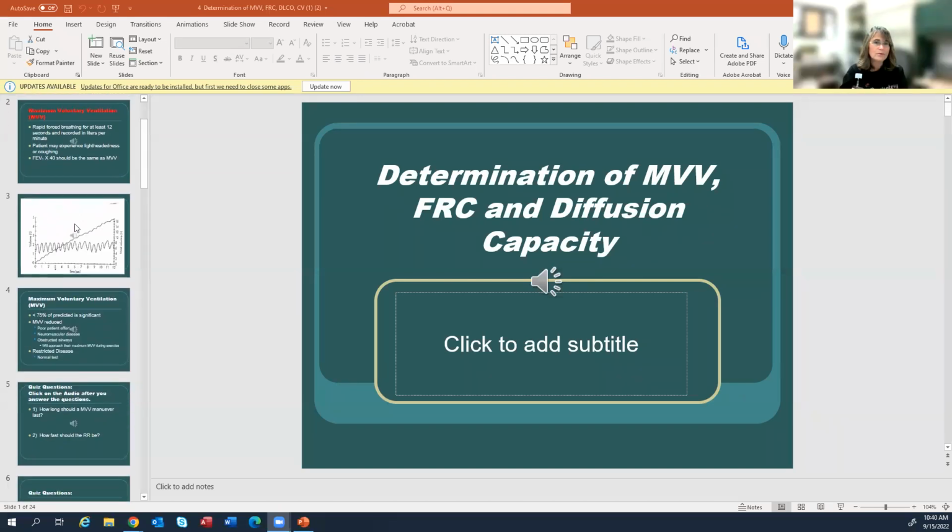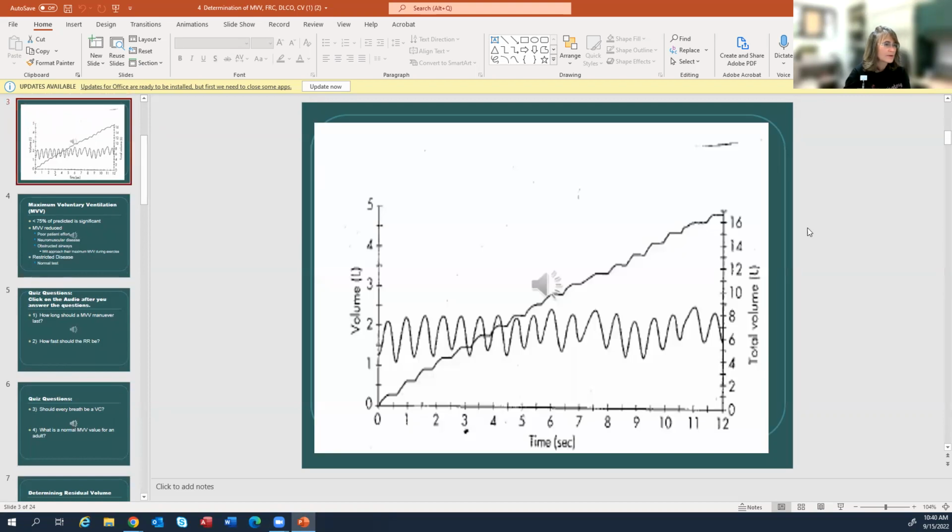All right, so going through the lecture, when talking about maximal voluntary ventilation, MVV, we're having the patient breathe fast and deep, like 90 times a minute. So that's not even 1 second per breath.